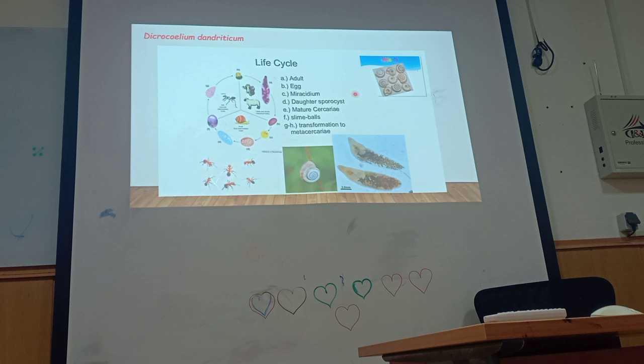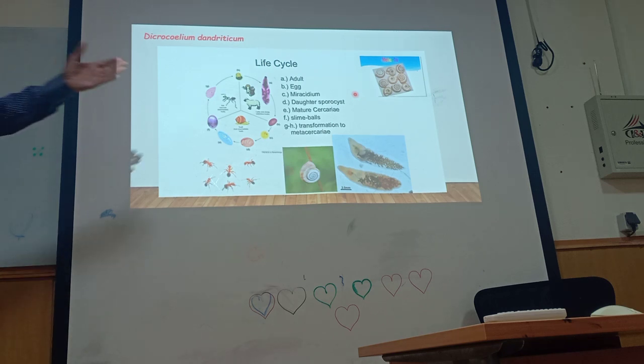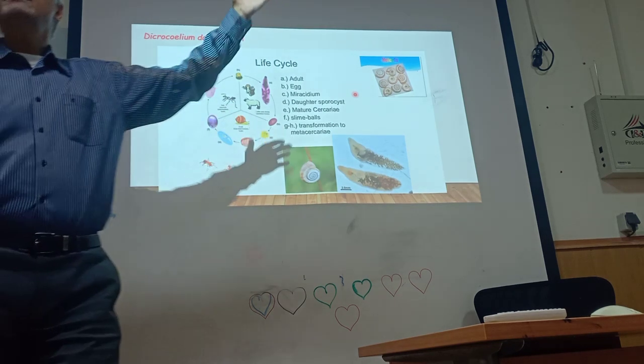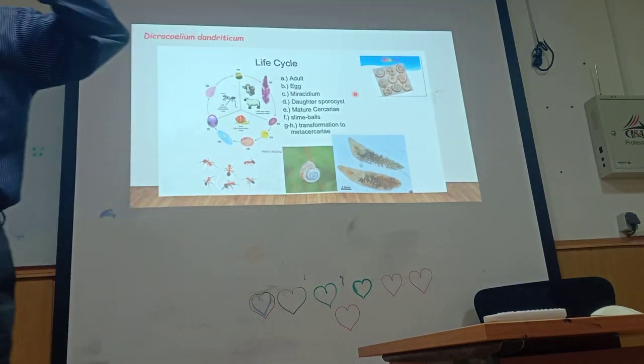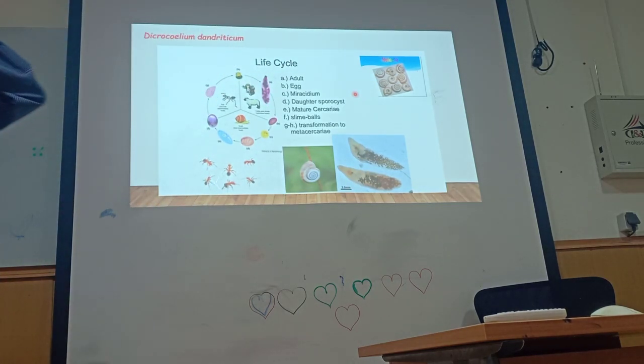On the surface of each Fasciola you could put more than 100, or fewer, 50 Dicrocoelium dendriticum worms. Again, this parasite is a zoonosis, common between animals and humans, herbivores.